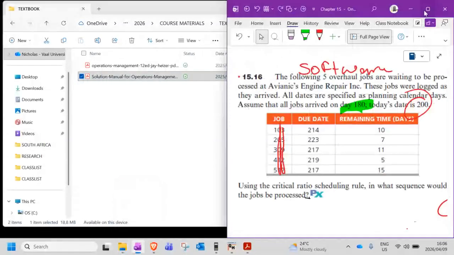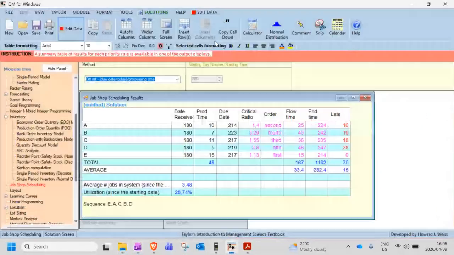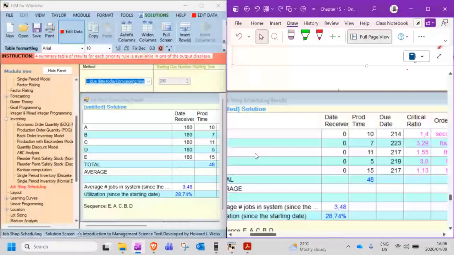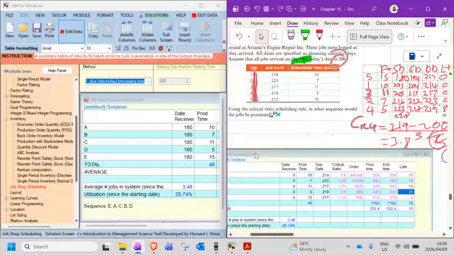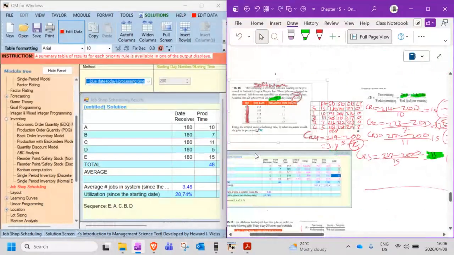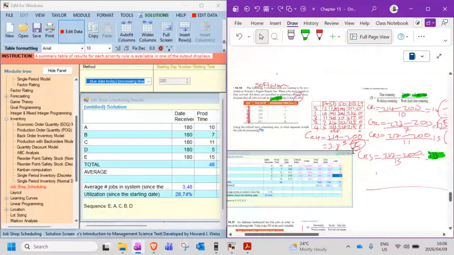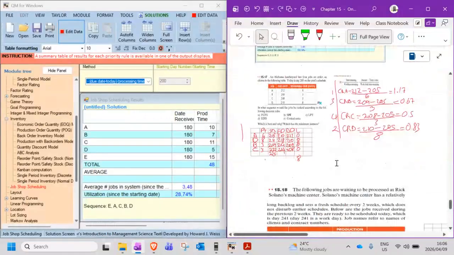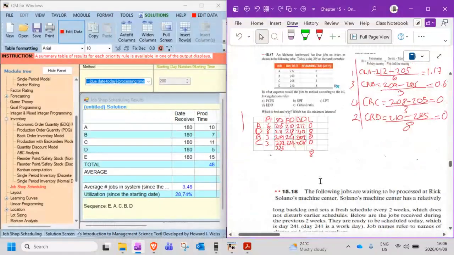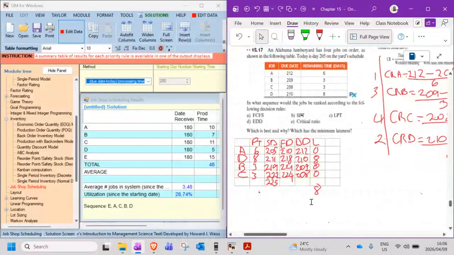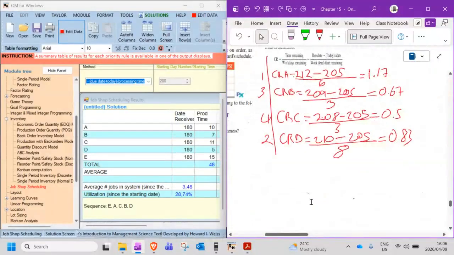Okay, let's put it side by side. I was supposed to have sorted.